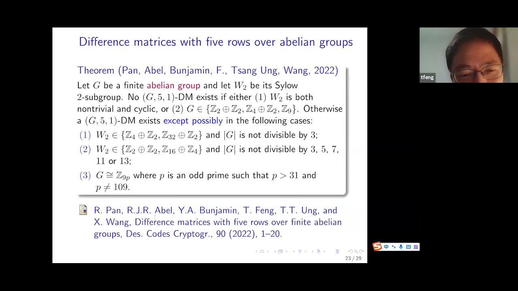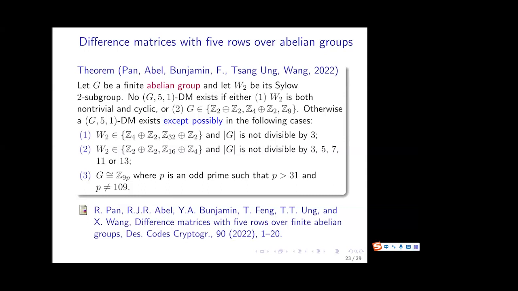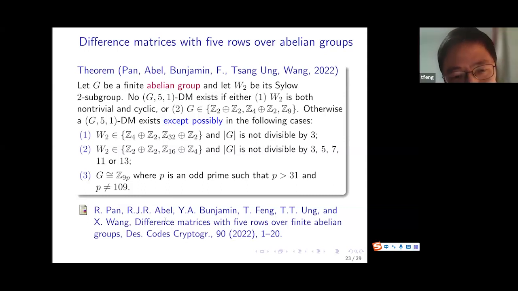So in our first submission to this journal, it was not necessary to write the details on how to obtain these examples, but because one referee asked, I finally wrote them. So I think if you are interested, you can refer to this reference.